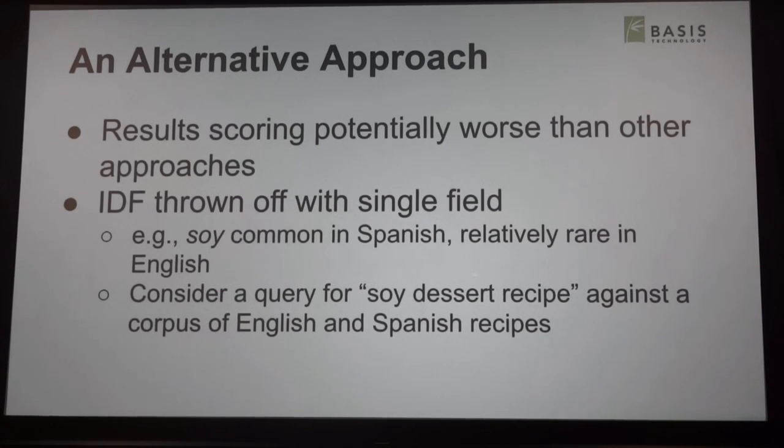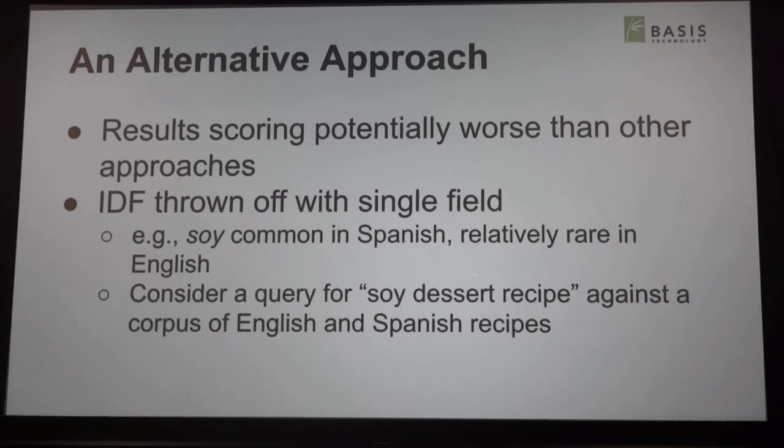Let me go through one fun example here of how this can get thrown off in this alternative approach. Soy is this common word in Spanish that means "I am." And you could say that it's relatively rare in English, soy, the bean.